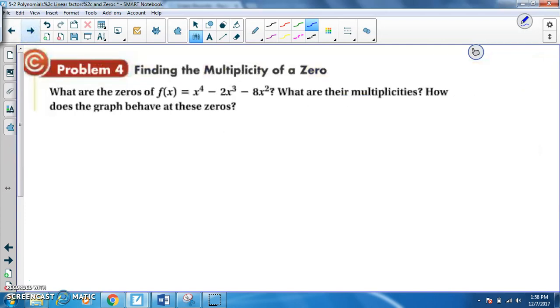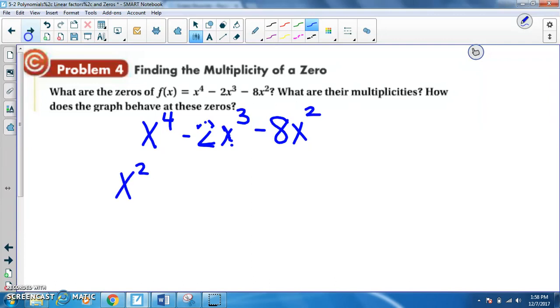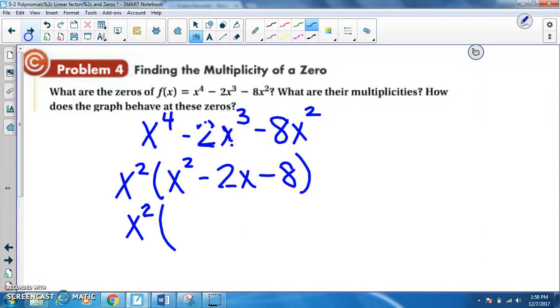If we have the function x to the 4th minus 2x cubed minus 8x squared, we want to find the zeros and their multiplicities. So at x to the 4th minus 2x cubed minus 8x squared, I can take out x squared. I would be left with x squared minus 2x minus 8. I could factor on the inside.